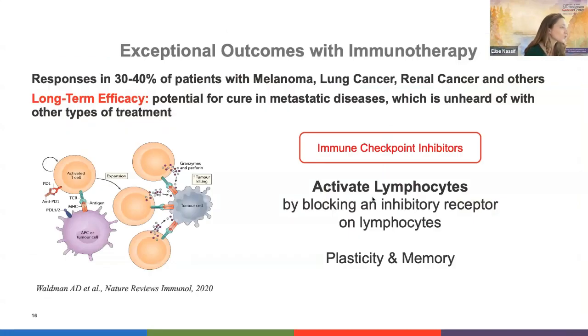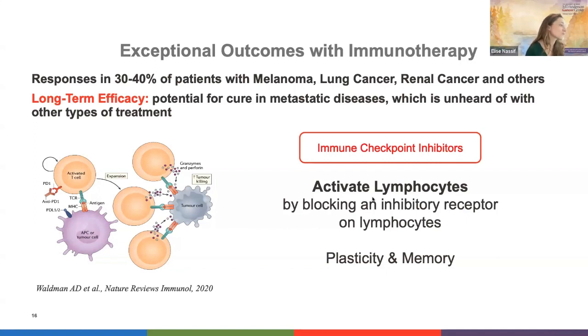Now, why are we also excited about immunotherapy? It's mostly due to data in patients who do not have sarcomas, but mostly in melanoma, lung cancer, kidney cancer, and other types of cancers. The responses there are seen in the magnitude of 30 or 40% of patients, but what's really exceptional is that the patients who respond can get very long-term efficacy.